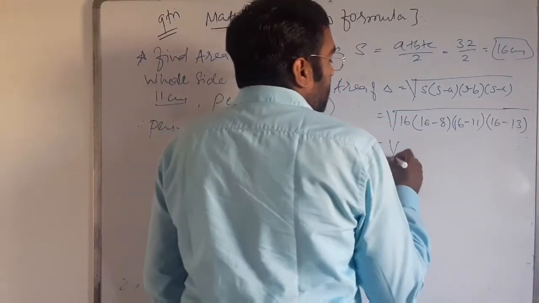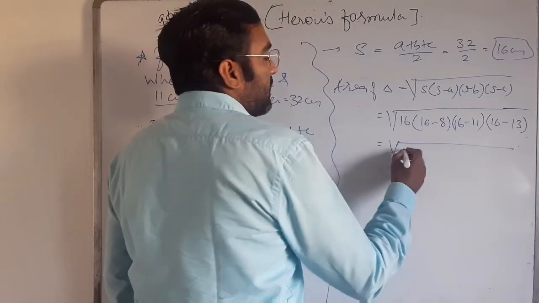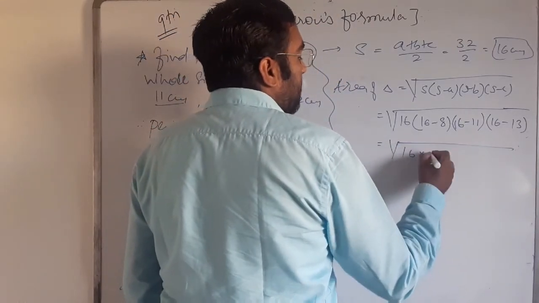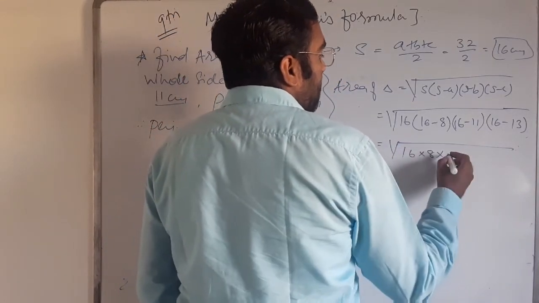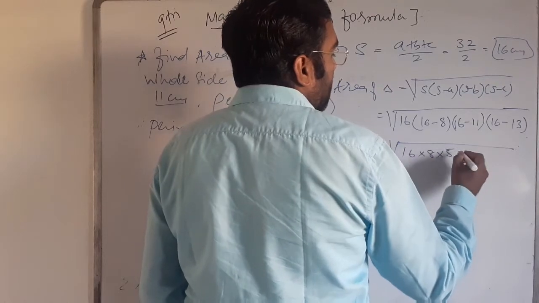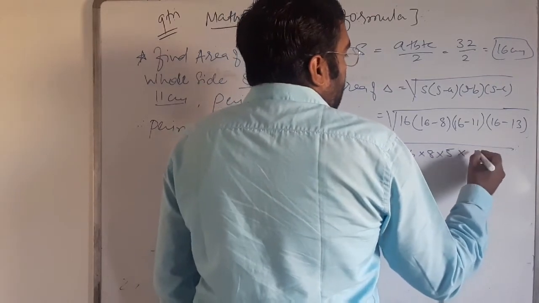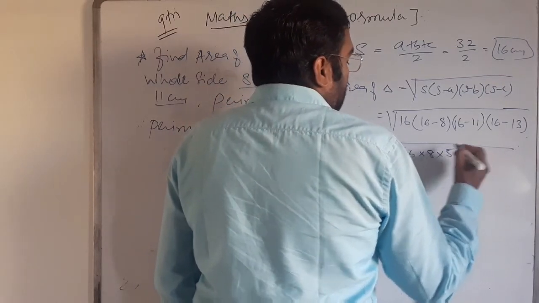So 16 into 16 minus 8, that is 8, 16 minus 11, that is 5, and 16 minus 13, that is 3.